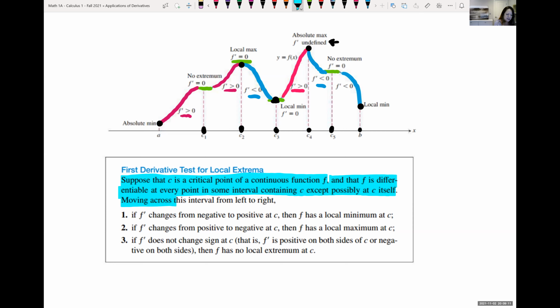And then moving across this interval from left to right, we're going to look at the following.